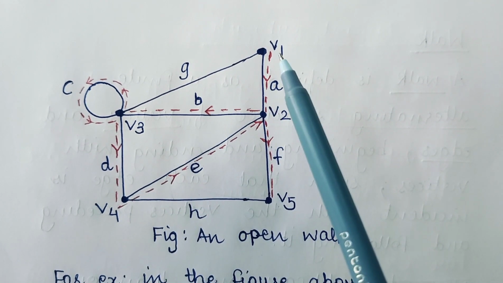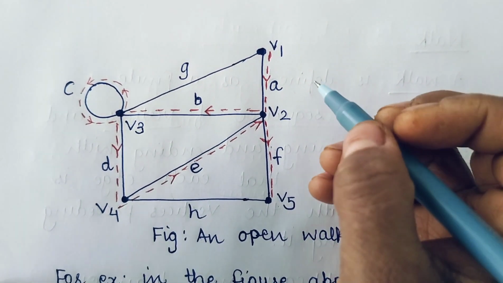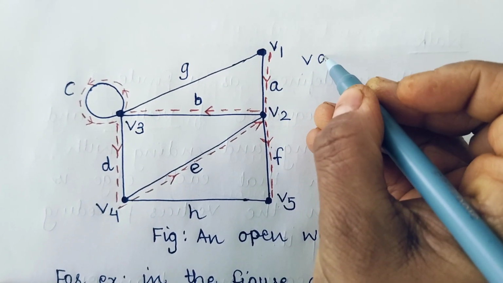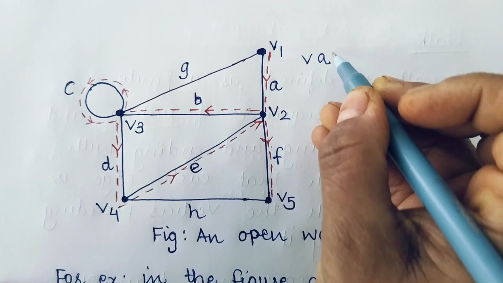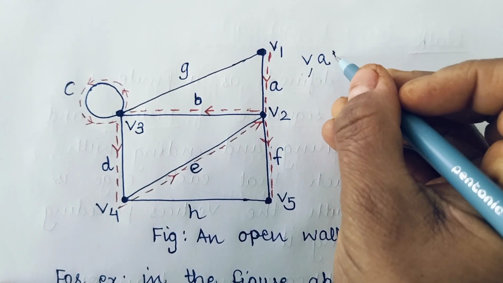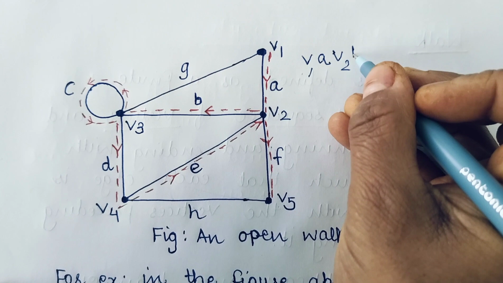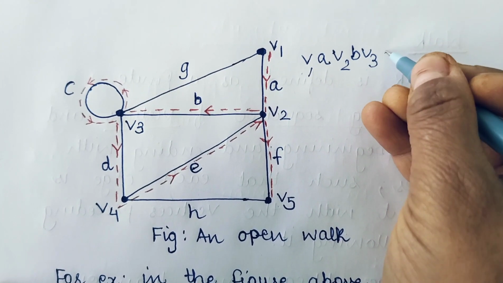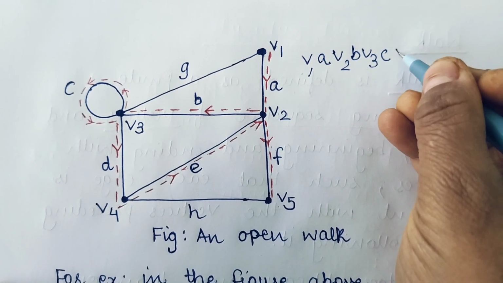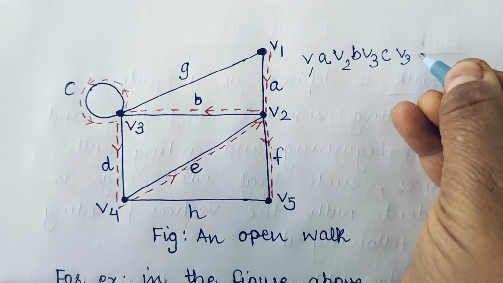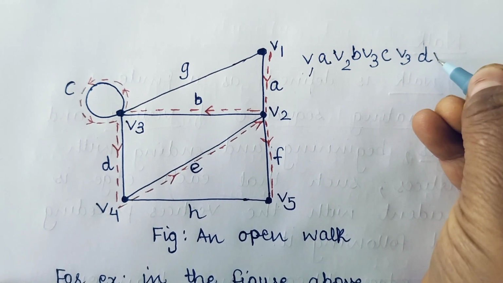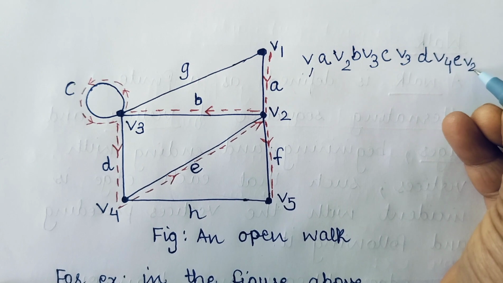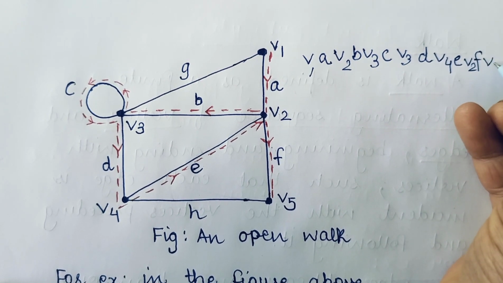So you can see the red dashed lines, that means it starts with vertex V1, then edge A, then vertex V2, then edge B, vertex V3, edge C, then again vertex V3, then edge D, then vertex V4, then edge E, vertex V2, edge F, and vertex V5.